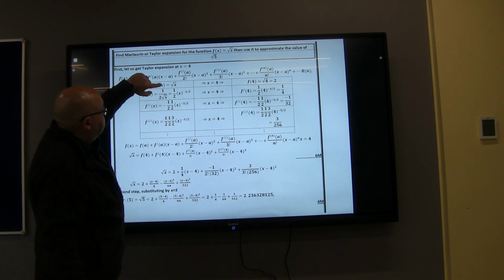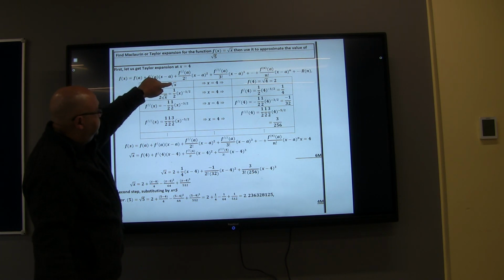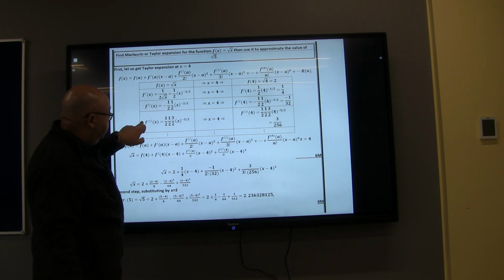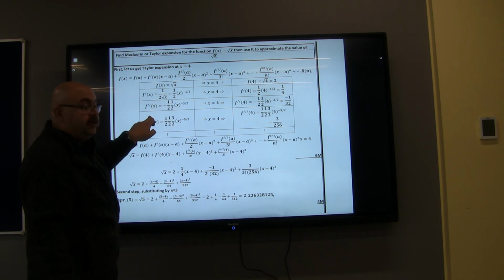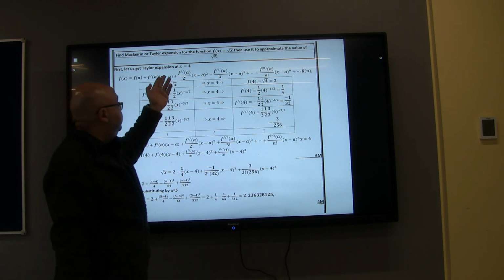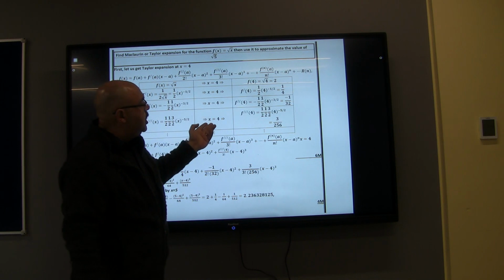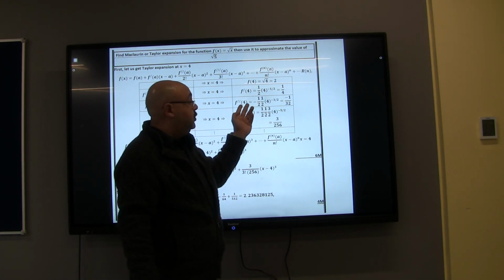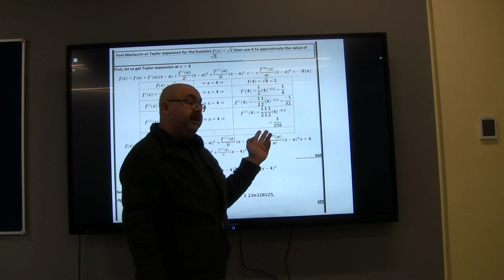Then I state that y equals root x, y dash is the derivative of root x, 1 over 2 root x, y double dash, start differentiating, getting the second derivative. Then the third derivative, I differentiate for the third time. I replace every x with 4, getting the values of f of 4, f dash of 4, f double dash of 4, f triple dash of 4. Those are the values.